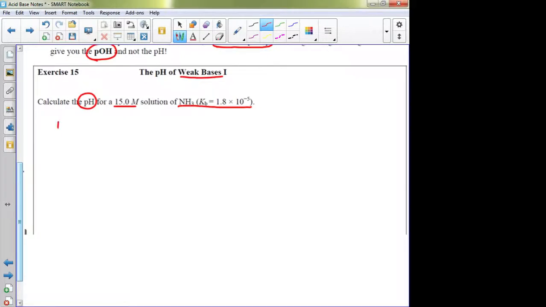If I was to write the balanced reaction for this not including water, that is what I would get. Can you see what happened without putting the water there? No, you can't. So you want to go ahead and add in your water.